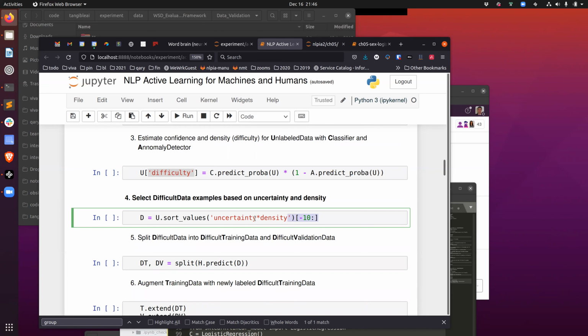This is another refinement. I was just reading a paper where they came up with a better way this year than just looking at your confidence. You also look at how close that example is to all the other examples in the dictionary. So if you have a word that's really similar and has a lot of the same letters or a lot of the same syllables as other words in the dictionary, then you probably don't even want to worry about that one.